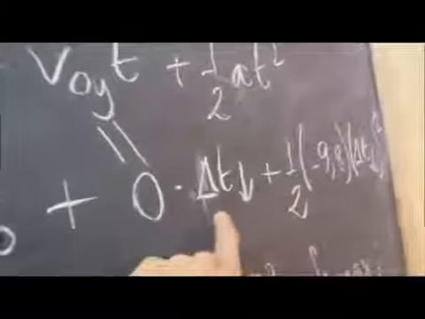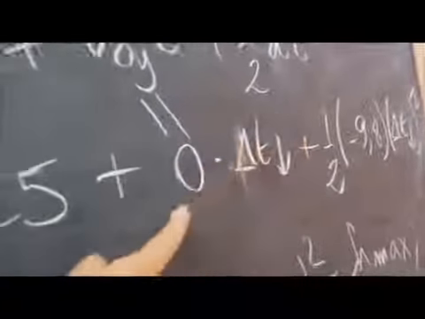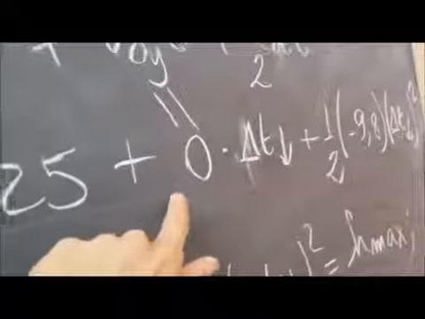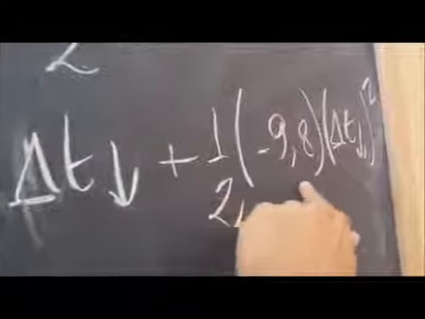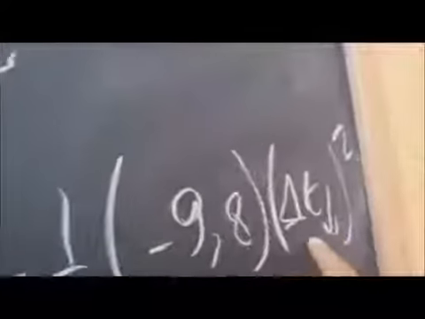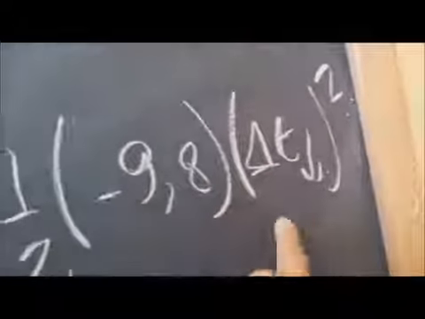This is what we are going to calculate, but in this case it's going to be cancelled because there's a 0 here, plus 1/2 times g, which is negative 9.8. And this is, once again, the time needed to go down squared.